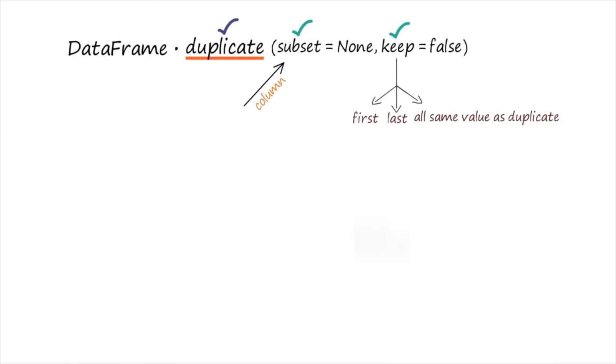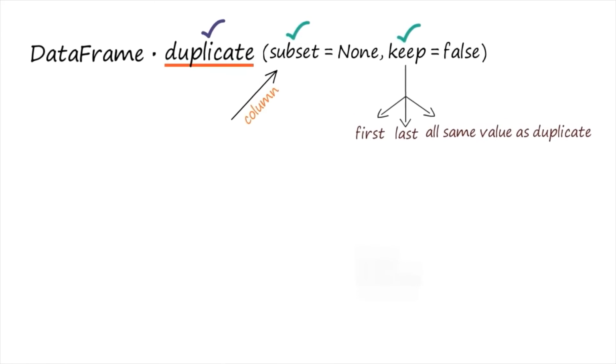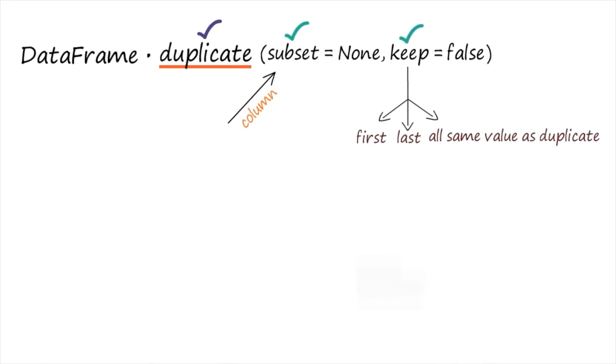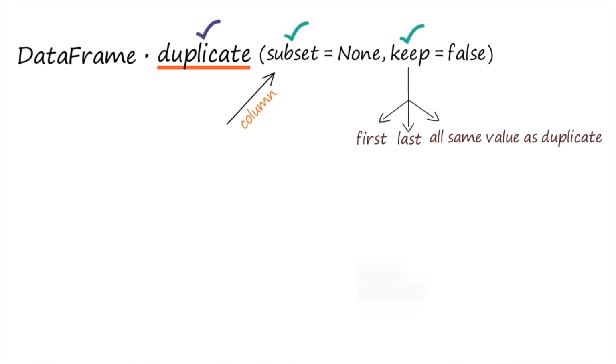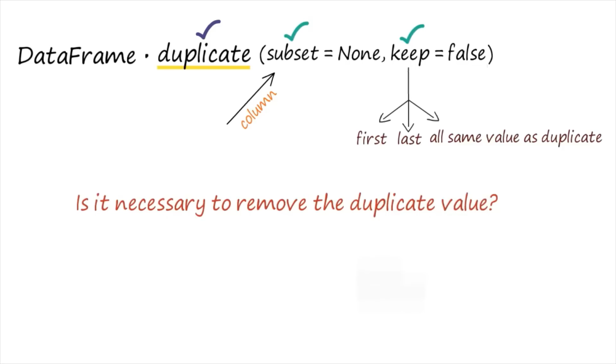Now this thing I have to justify. We have the mechanism to find out the duplicate value. In your interview also, this question will be asked: is it necessary to remove the duplicate value? My answer is it depends on the situation. Why?